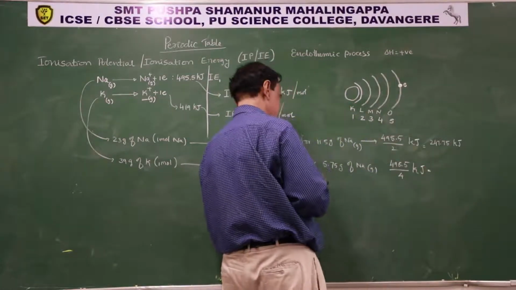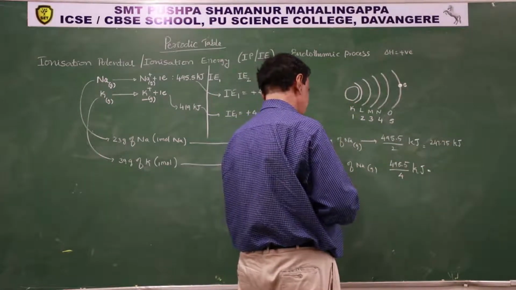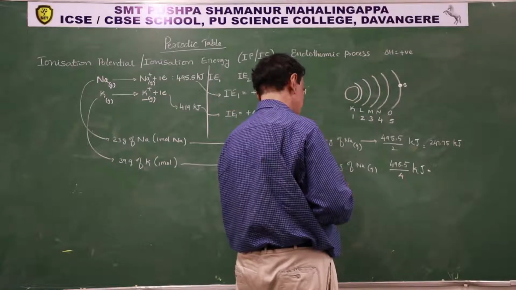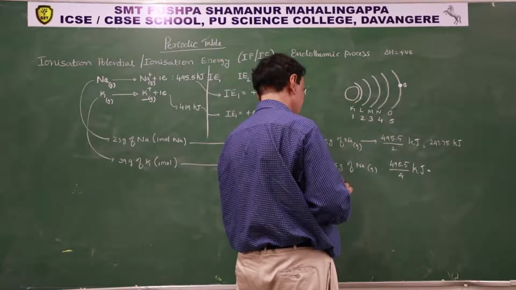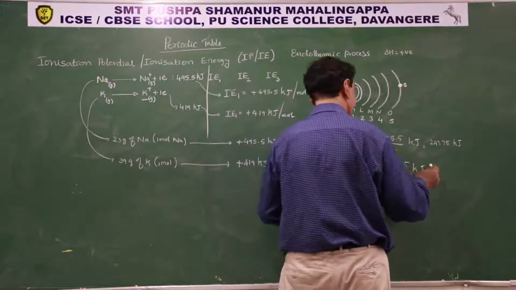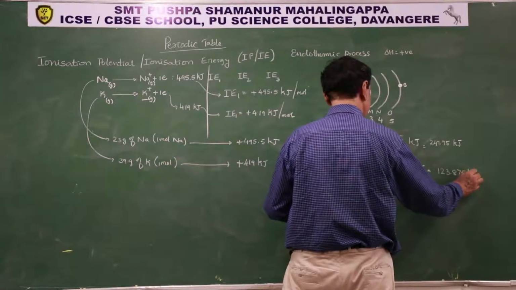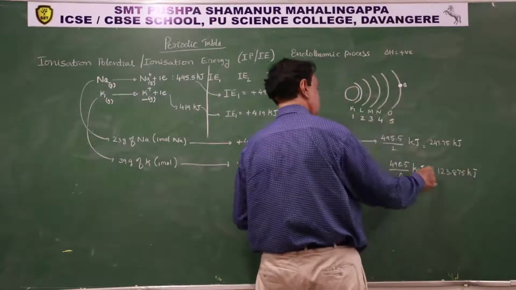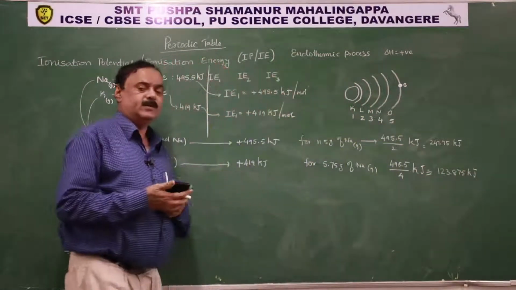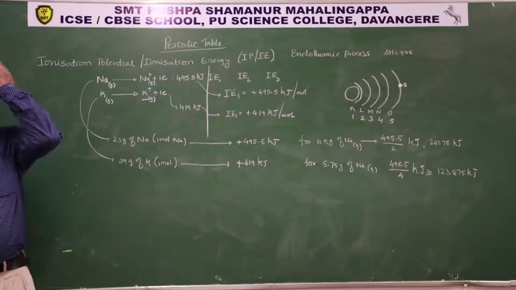Whereas this is 495.5 divided by 4, that is 123.875 kilojoules. On the other hand, they may ask for 1 gram.